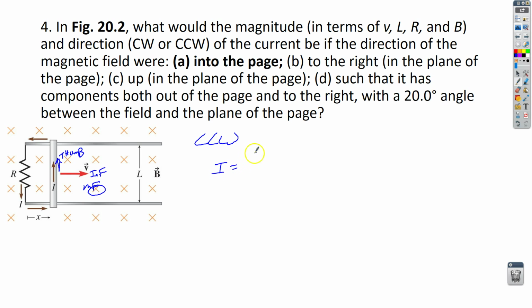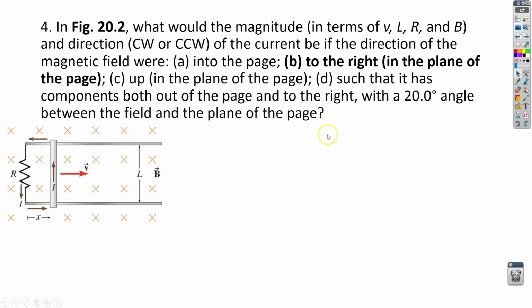I know the current is equal to the EMF over R, and that's going to be equal to VBL all over R because the EMF is equal to VBL for this situation. For letter B, which is the next part, if the magnetic field was pointing to the right, so you have to ignore the x's that are here. Let's just say that the magnetic field is pointing to the right, so this B is really the lines and not the x's.